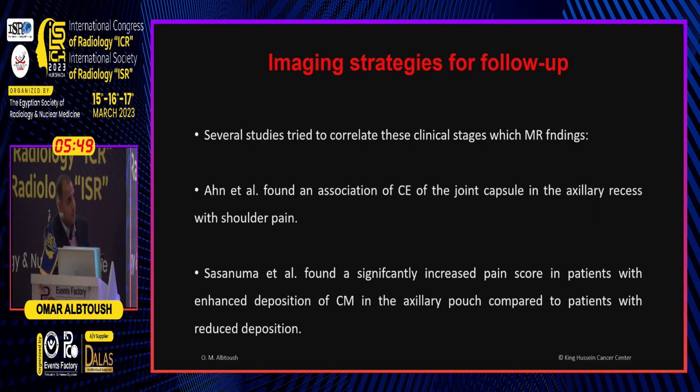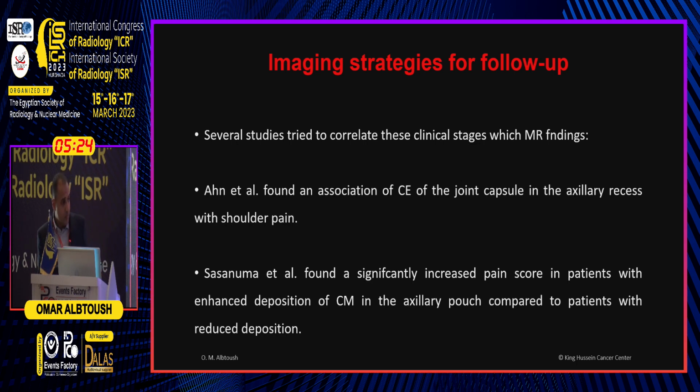The significance for us is that several studies tried to correlate these stages with MRI imaging. For example, here, they found an association between contrast enhancement of the joint capsule in the axillary recess and shoulder pain. So they simply thought, if I see contrast enhancement, the patient will suffer from pain if he has adhesive capsulitis.